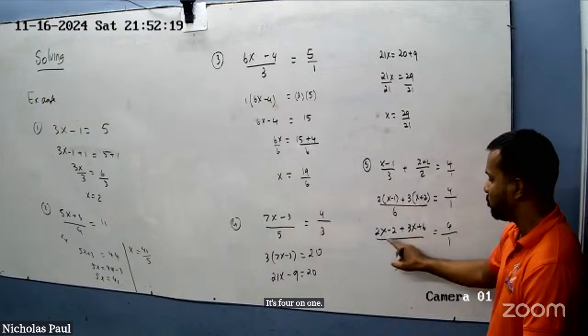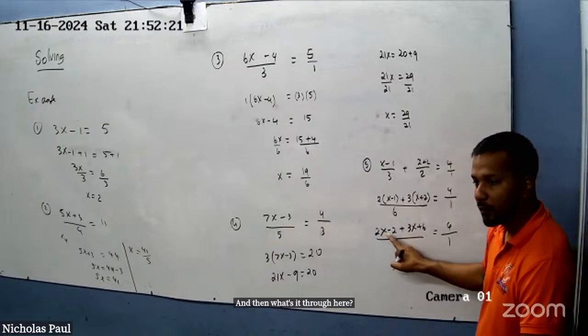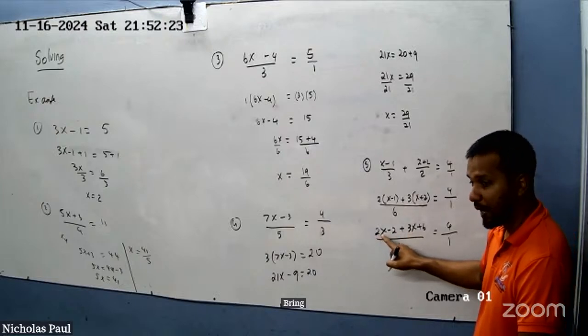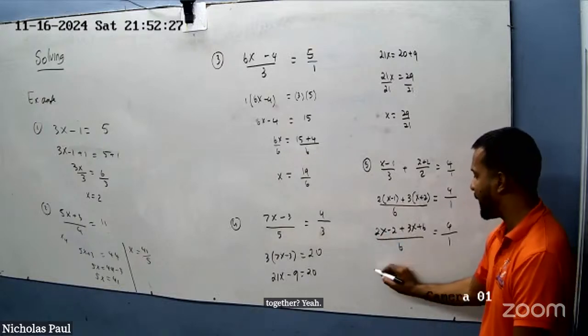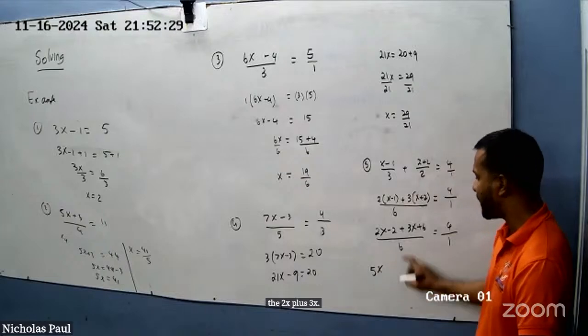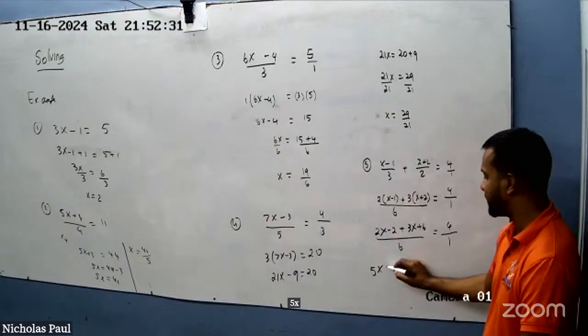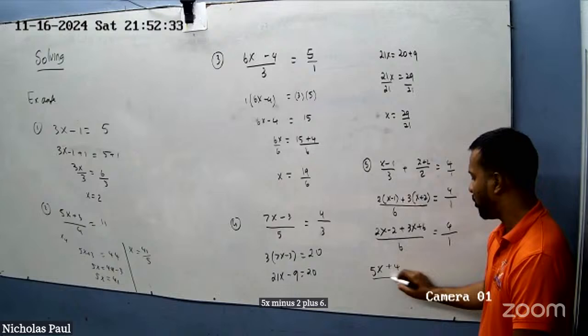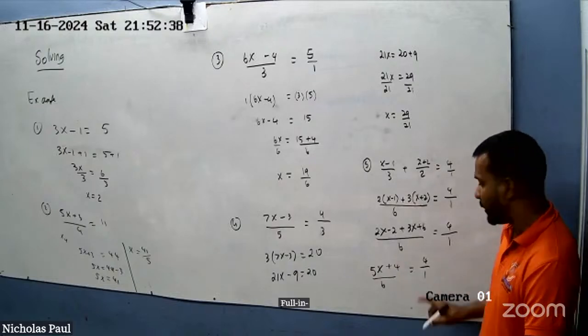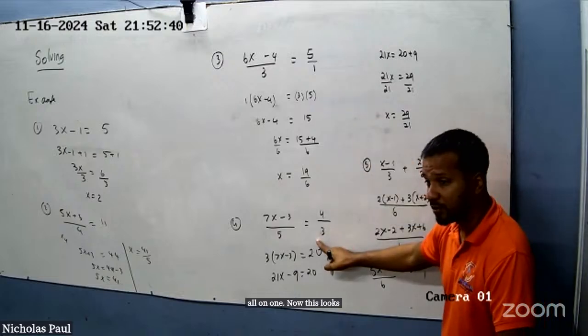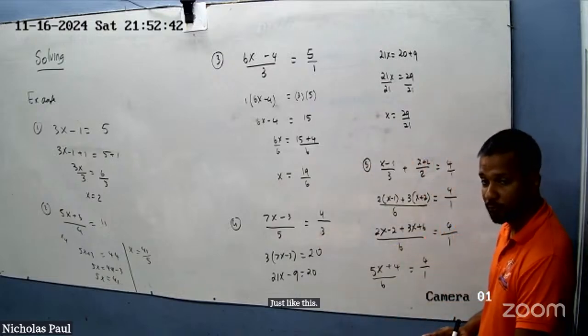And then what to do here? Bring your like terms together. So 2x plus 3x is 5x, minus 2 plus 6 is 4, all over 6, equals 4 over 1. Now this looks just like the previous one. So what to do now?